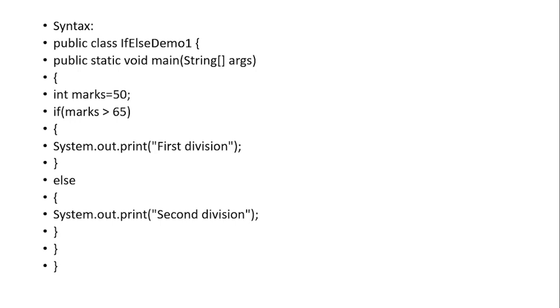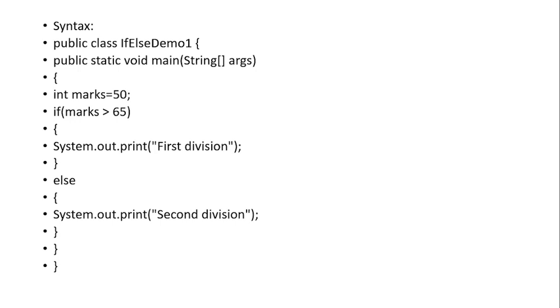If mark is greater than 65, so what is mark? 50 is greater than 65? Automatically this decision making statement will return false, right? If it is false, the block will go to the else statement, and automatically the second division will be printed.